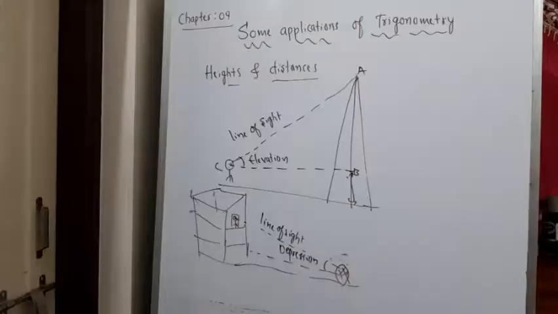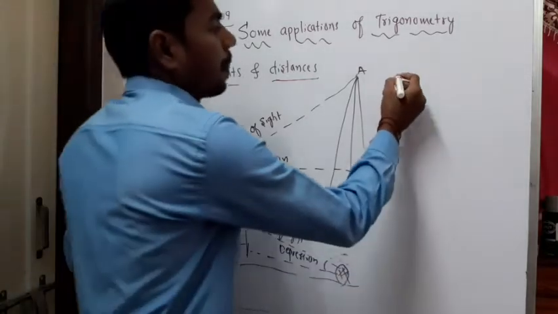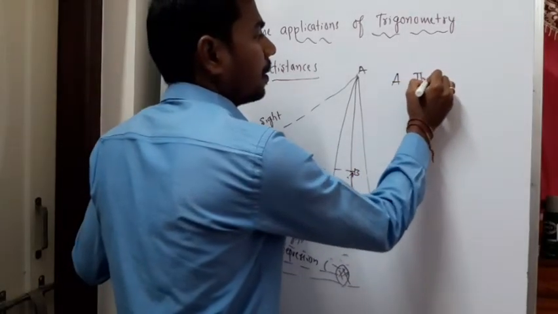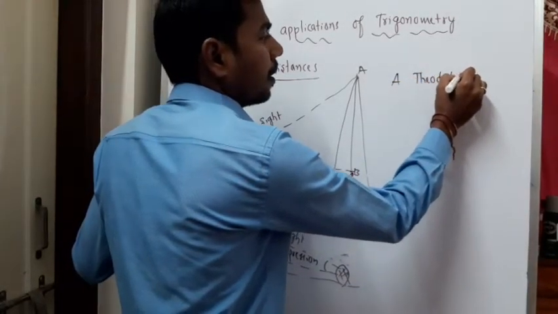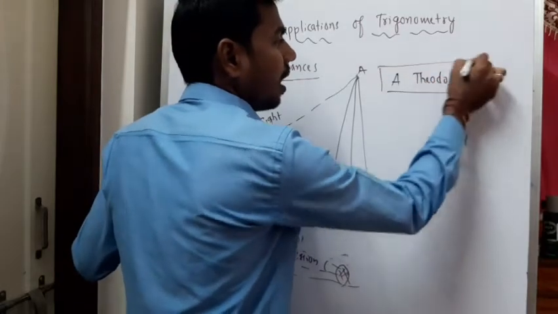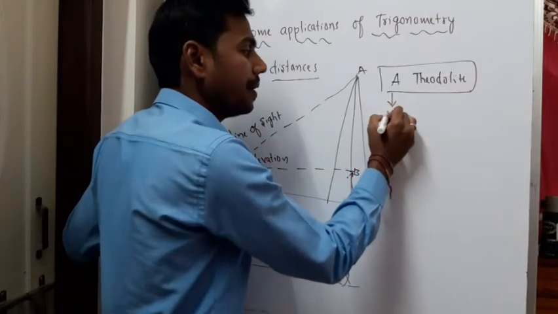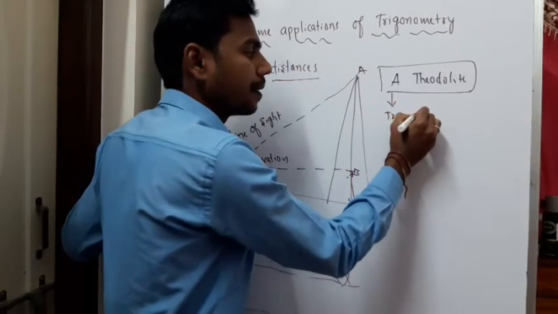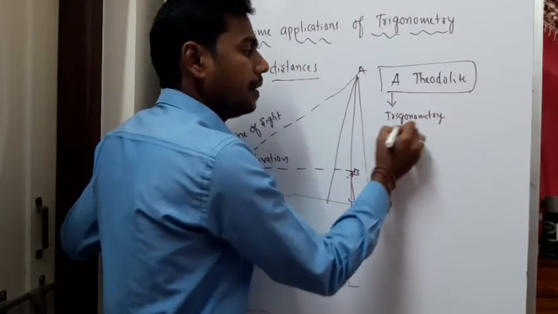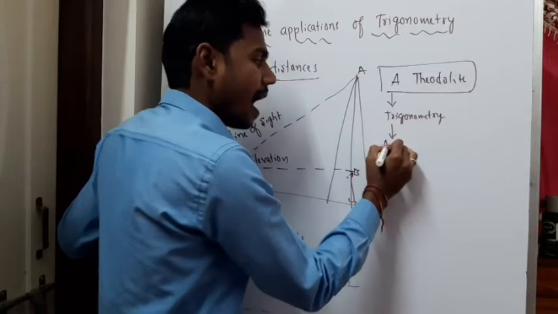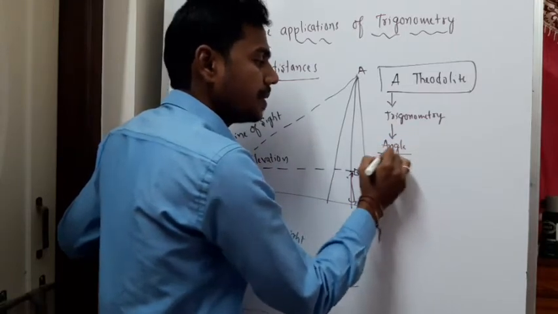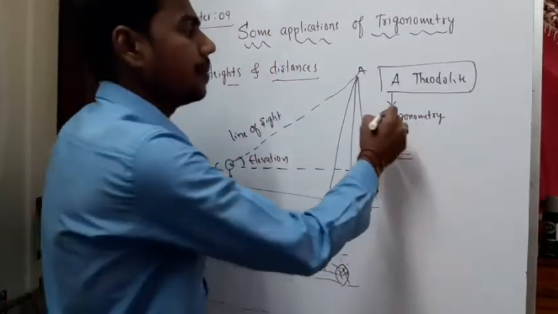And one more, next, a theodolite is an instrument. It works based on the principle of trigonometry. It is used to measure an angle.